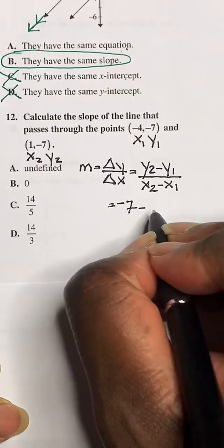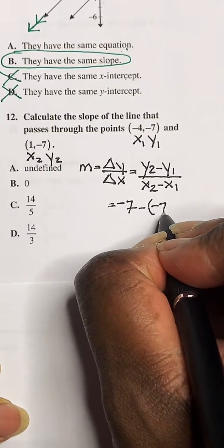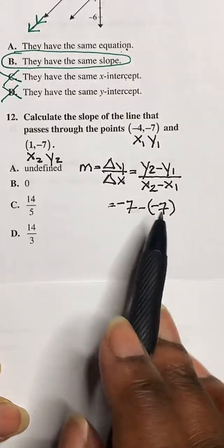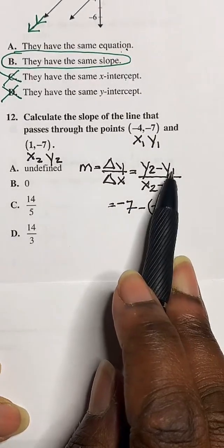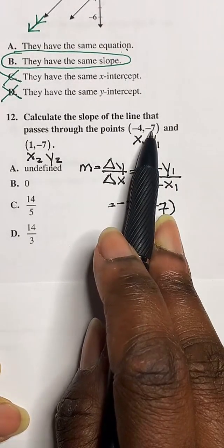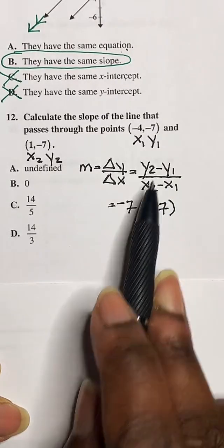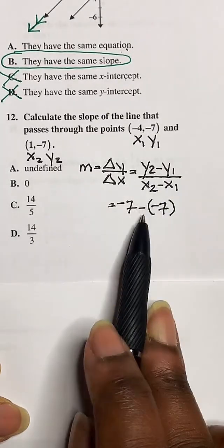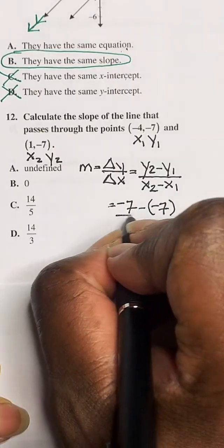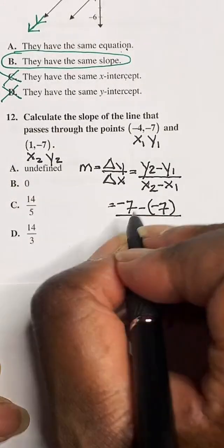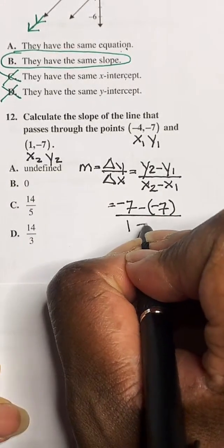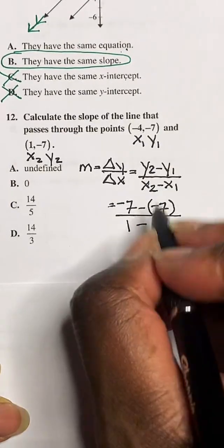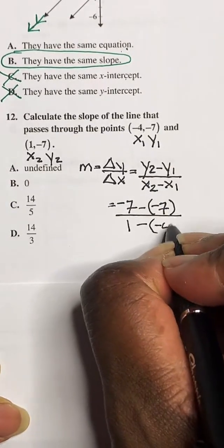Minus my y1, which is a negative 7. Notice I'm only replacing the y1 with the negative 7. It's still doing subtraction. Okay? Over x, which is 1, minus my x of 1, which is a negative 4.